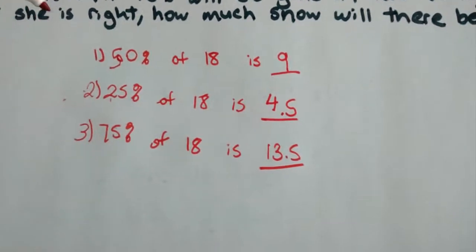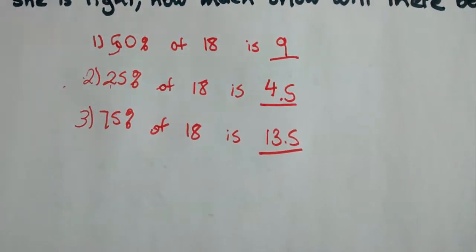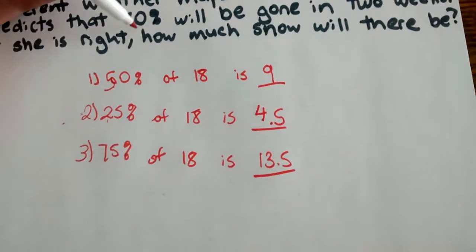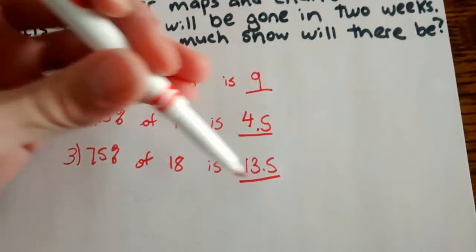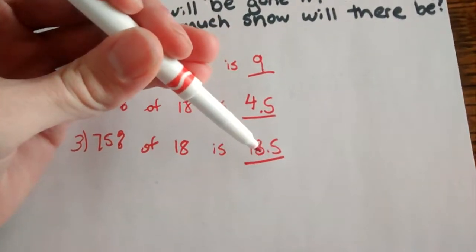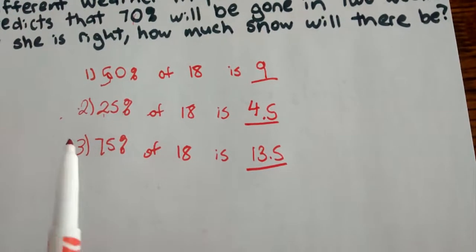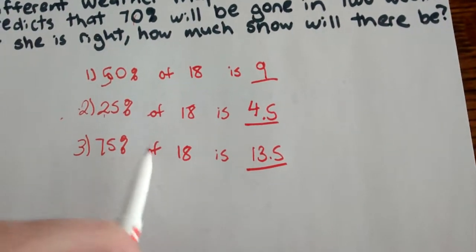13.5. So if I was to make an educational guess right now, based on what I've done, the snow loss of 70% will be pretty close to 13.5. Actually, it'll probably be a bit below there, just because it's 70% and not 75.